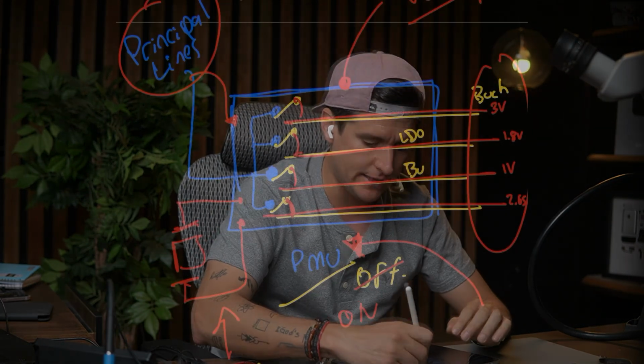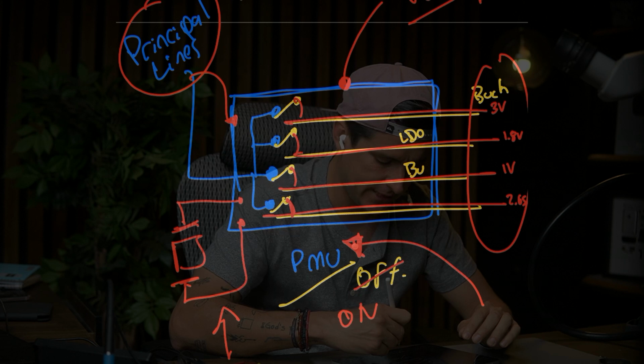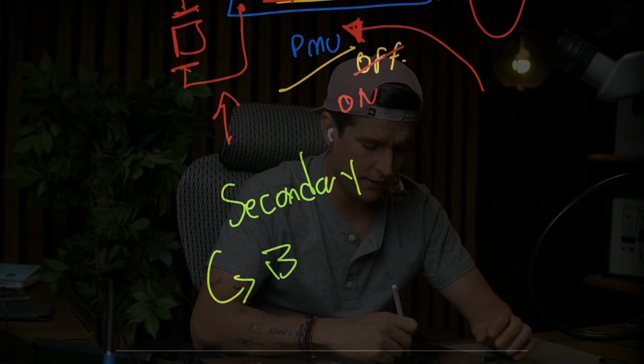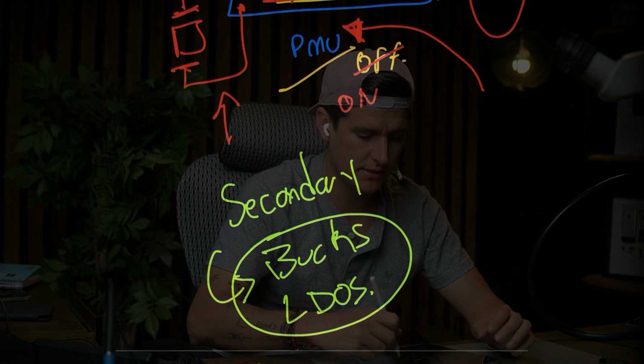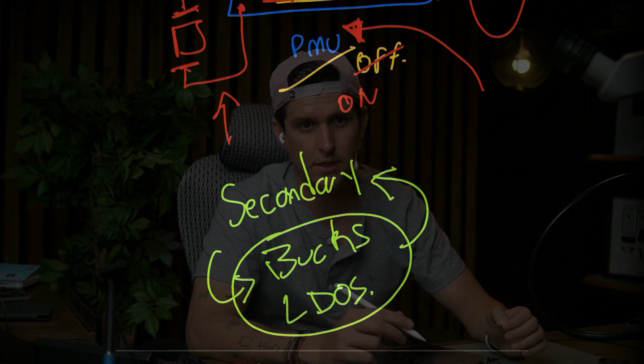Third step, checking the secondary lines. These secondary lines are the bucks and LDOs. Okay, this is our secondary lines. This is the next step of an iPhone when it's powering on, or when it's trying to power up.